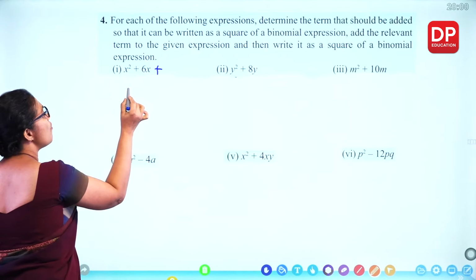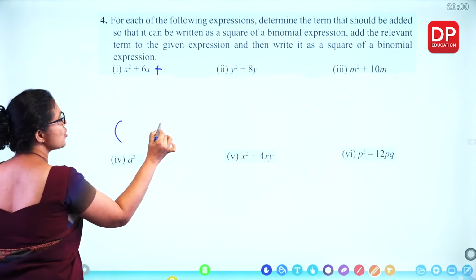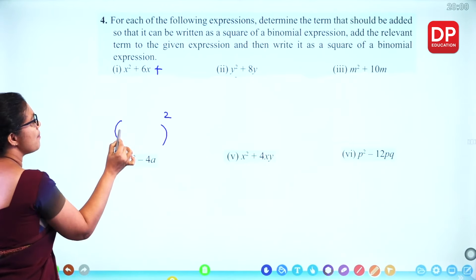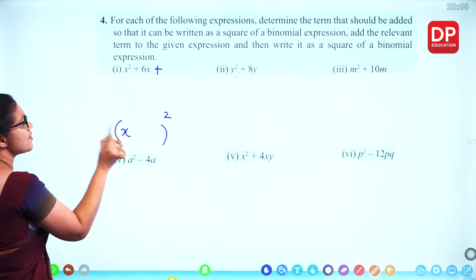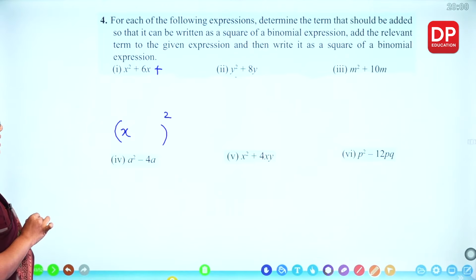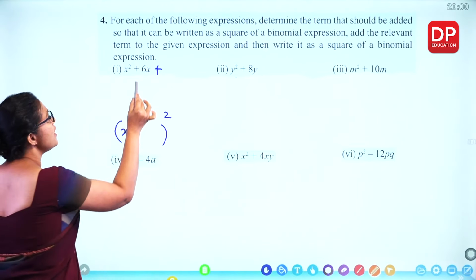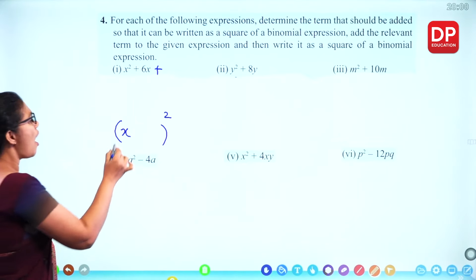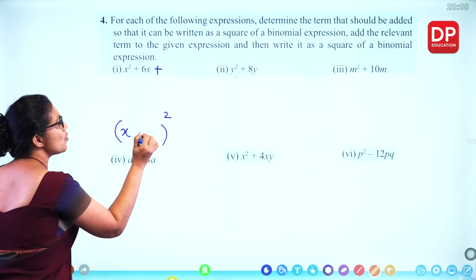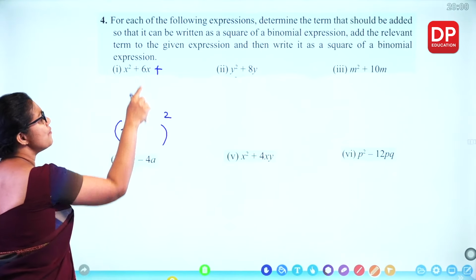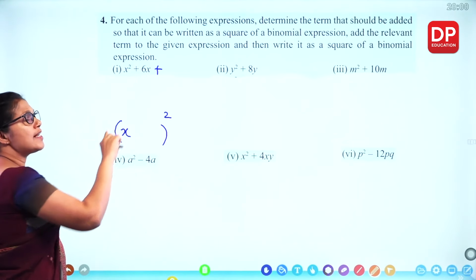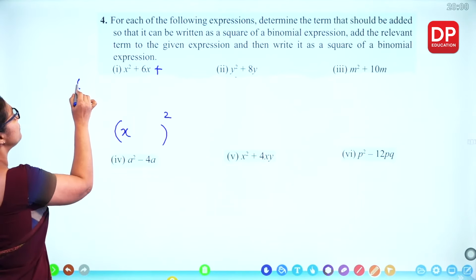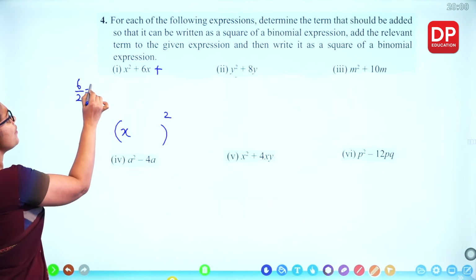Now here what happens when you are getting expression? You get square root of this number as the first number. So what is square root of x squared? You get x. So you know the middle term is 6x. How you get 6x? So here double of this number is 6x, means use the reverse order. 6 divided by 2, you get 3.